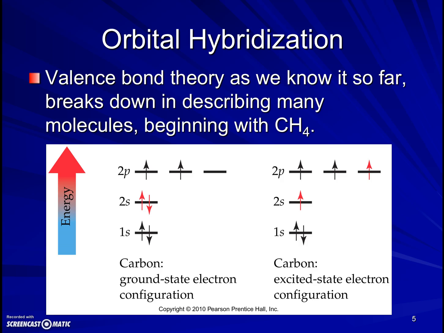And VSEPR, that we just talked about, becomes a problem when we look at this because p orbitals are at 90 degrees to one another. The 2p orbitals and perhaps the 2s would be the ones involved in bonding for a carbon atom if we're making CH4.